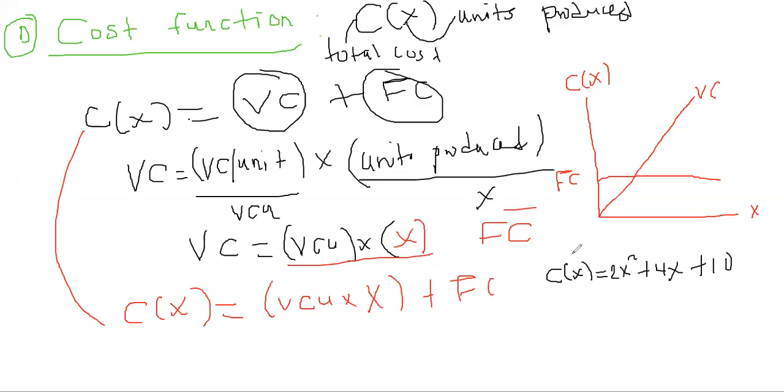If they say this is a total cost, then the variable component will be this, because we have the variable x, which is the units produced. And this is the fixed cost, the 10 there. Very important function, cost function.